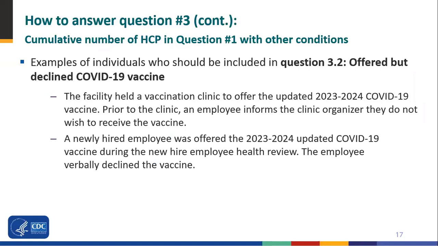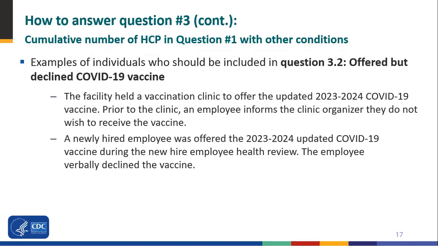We'll now review some instances of individuals who should be included in question 3.2, which is offered and declined vaccine. In one example, a facility held a vaccination clinic to offer the 2023-24 vaccine.